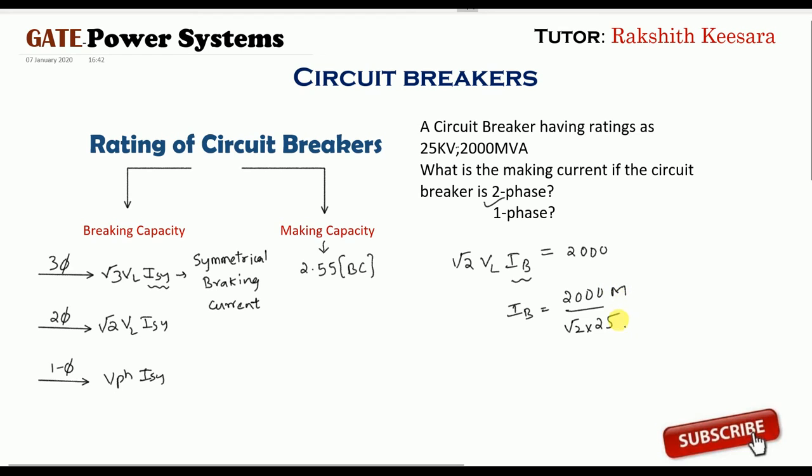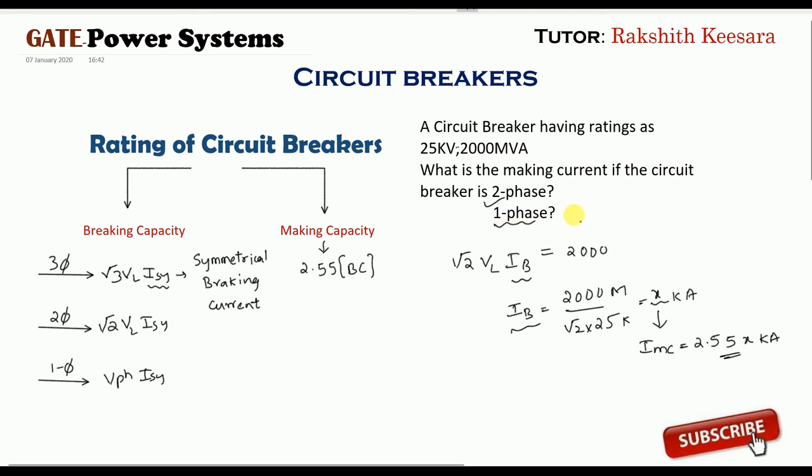This is in mega, this is in kilo, so our IB will be in kilo ampere. Let it be X. After getting this IB, multiply this X by 2.55. You will get your making current. So making current equals 2.55 times X kilo ampere.